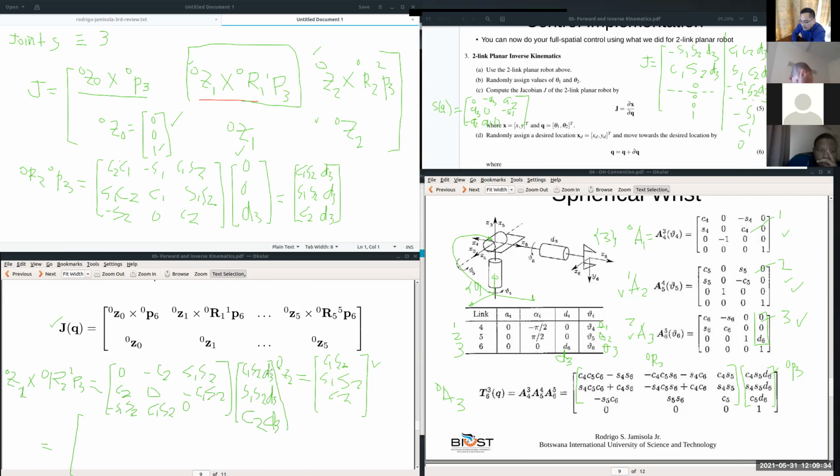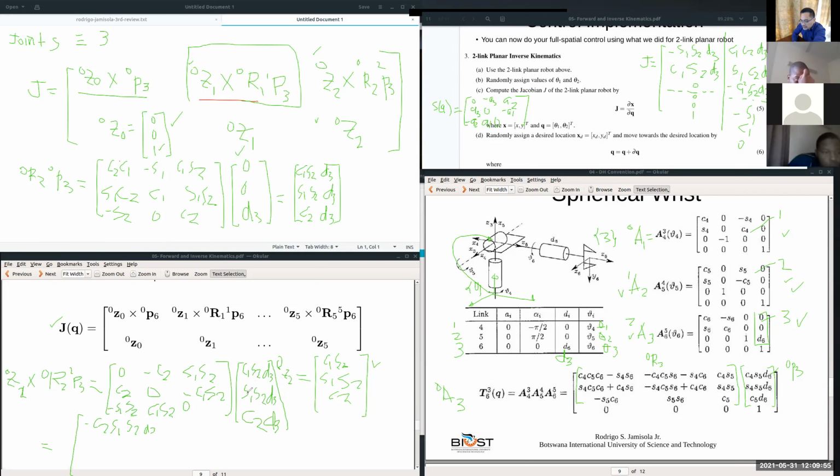So now we're going to take the vector result. So 0 times this one, C2 times that one plus this one. Okay, so that means minus C2 times the second, this one, S1 S2 D3.